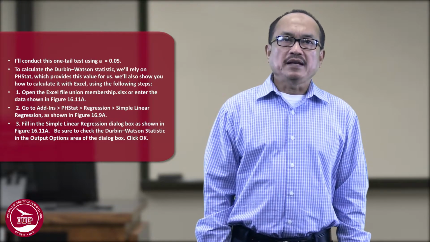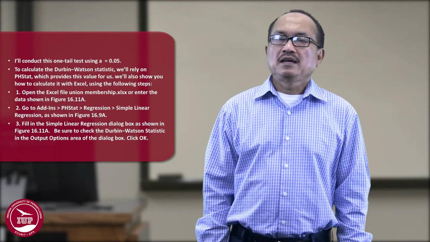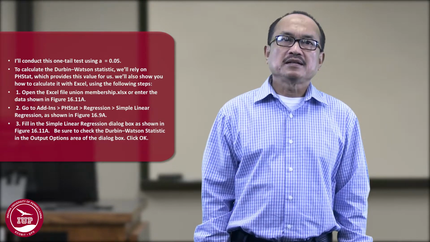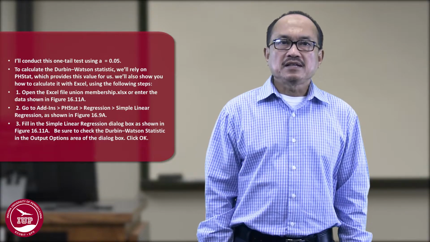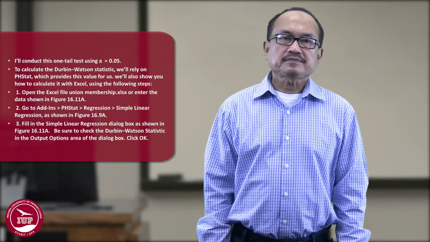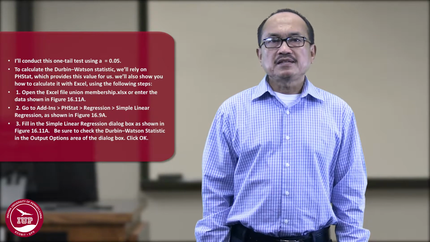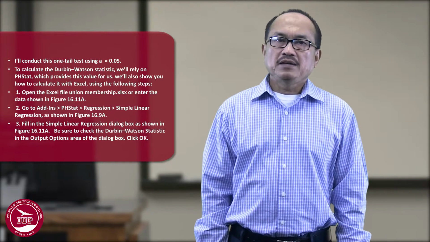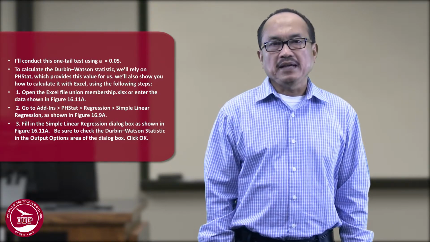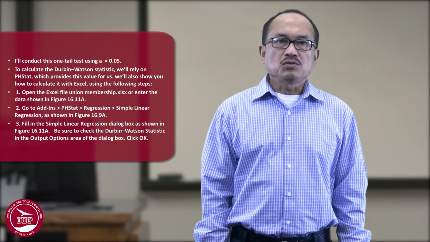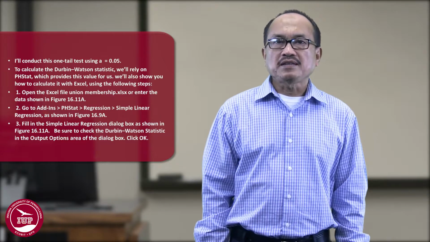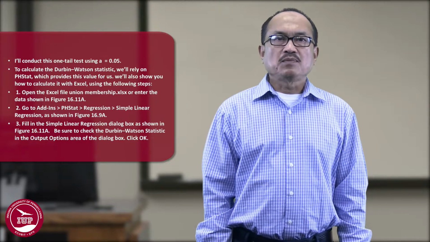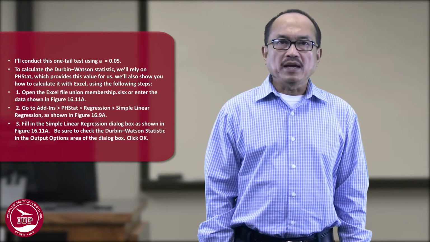Go to Add-ins and select PHStat, select Regression, and then select Simple Linear Regression as shown in figure 16.9a. 3. Fill in the Simple Linear Regression dialog box as shown in figure 16.11a. Be sure to check the Durbin-Watson statistic in the output option area of the dialog box and then click OK.